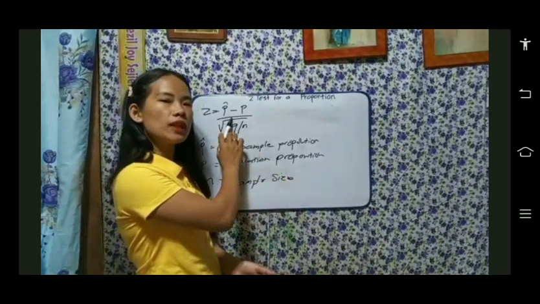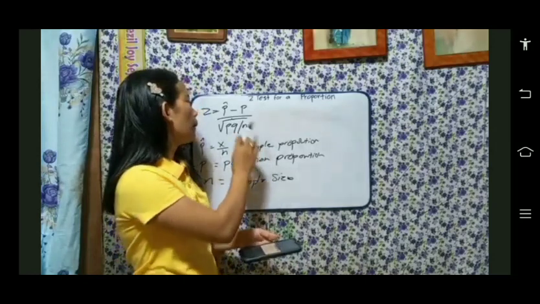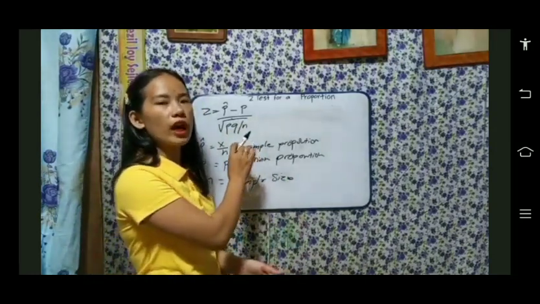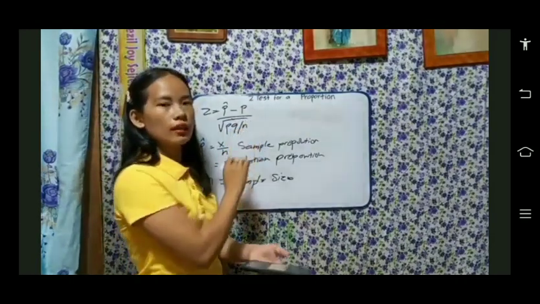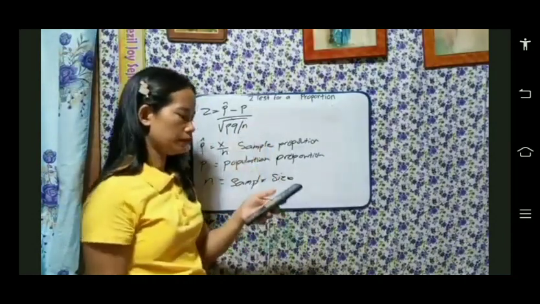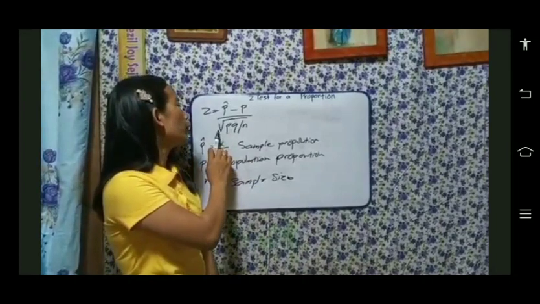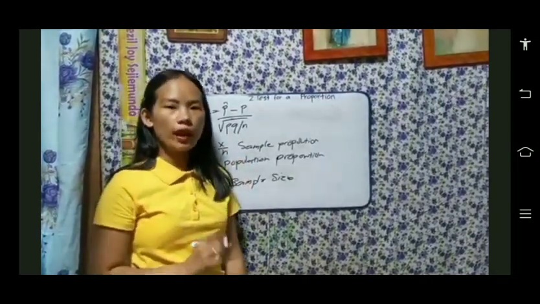So p hat from the sample is the observed value, and p is the expected value, the hypothesized population proportion. And the square root of pq over n is the standard error.